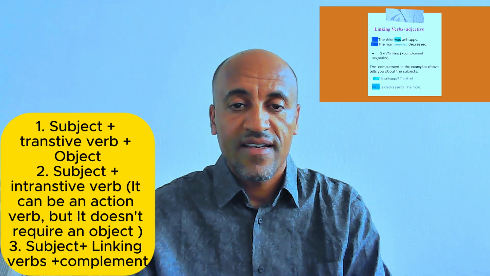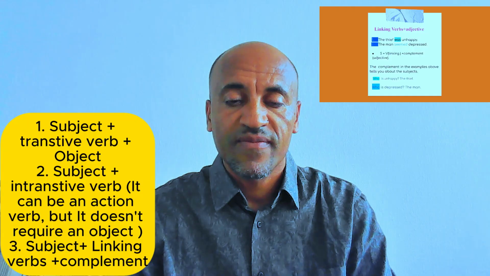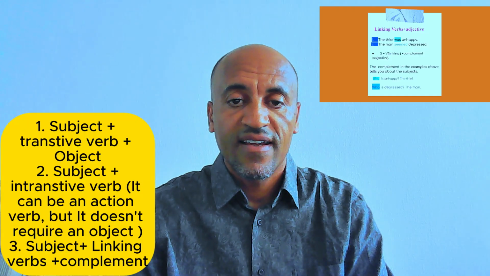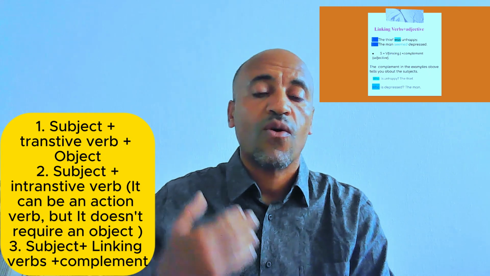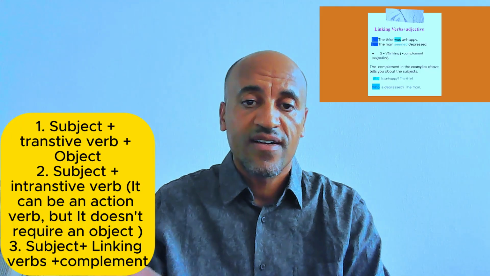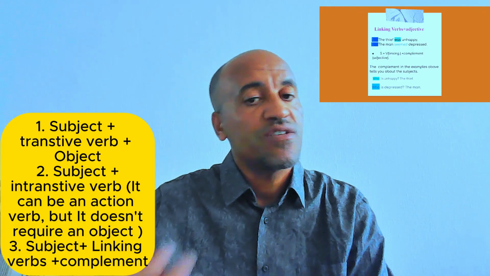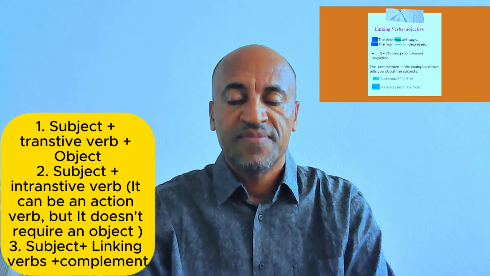If the verb is a linking word, then the next part of the sentence could be a complement. It can be a noun or an adjective or adverbials. That means preposition plus noun or prepositional phrase.